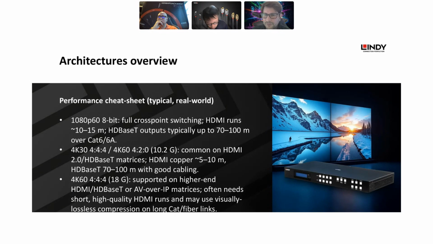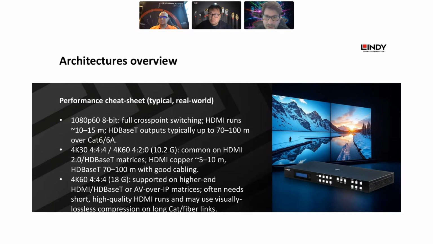The typical performance for a matrix. Well, it can go up to 4K 60 Hz, 4:2:0, in a bandwidth of 10.2 gigabits, common on HDMI 2.0 or HDBaseT matrices.